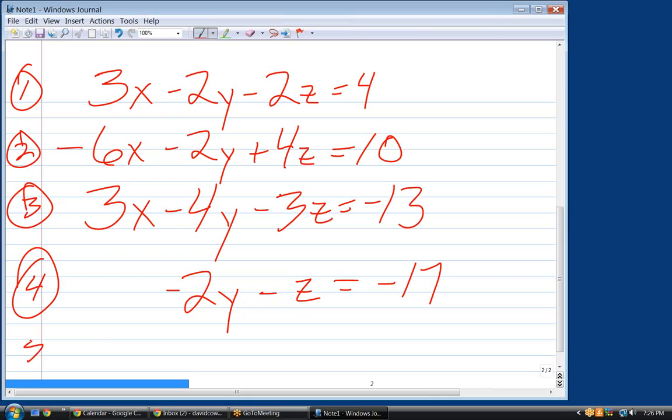So I need another equation, 5, where I'm going to get rid of x also. And I want to work with the other two equations. In other words, I got equation 4 by working with 1 and 3. Well, I want to get equation 5 by working with 2 and 3.